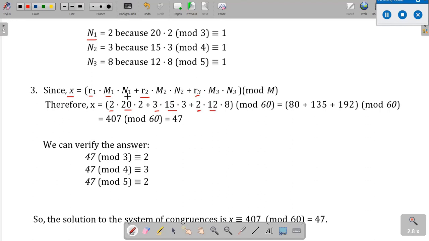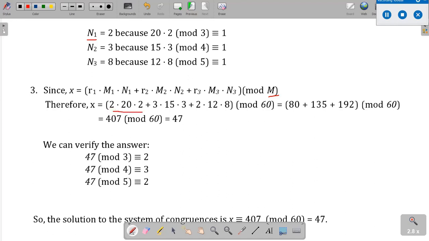And the values of N1, which I just calculated, N1 equal to 2, N2 equal to 3 and N3 equal to 8. So we put all these values and we calculate it and take the mod 60. Mod 60, that is mod M. We have calculated M from all the divisors in the given problem.